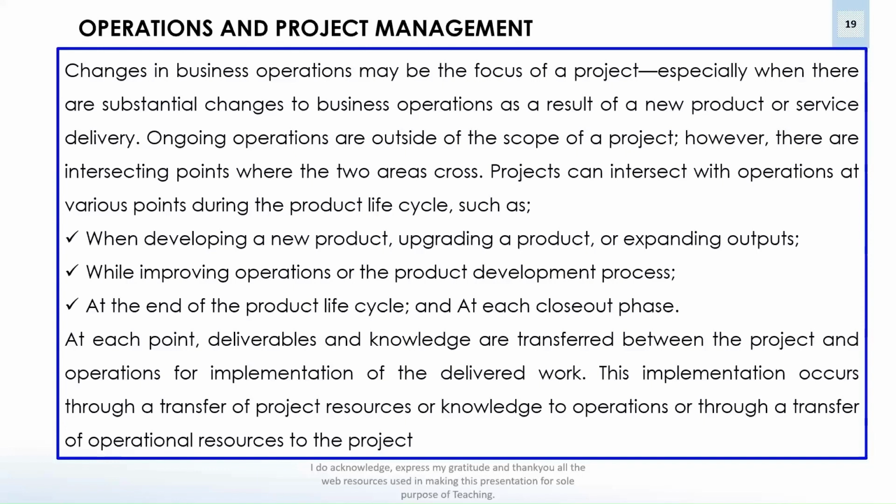So at each point, deliverables and knowledge are transferred between the project and operations for implementation of delivered works. There is a free flow of information, free flow of knowledge between the operations and projects. Then only projects will be able to meet the expectation of operations. This implementation occurs through a transfer of project resources or knowledge to operations, or through a transfer of operational resources to the projects. That's very simple.